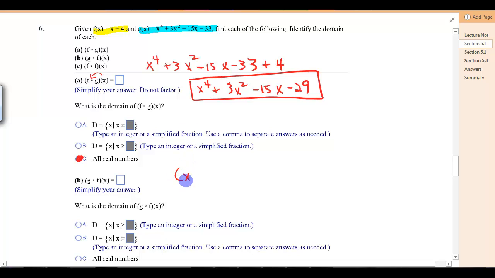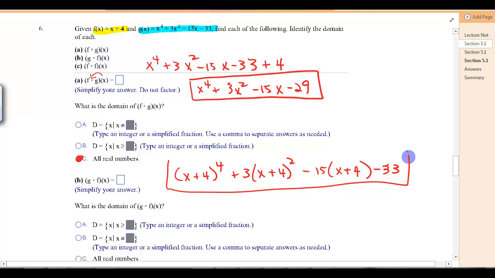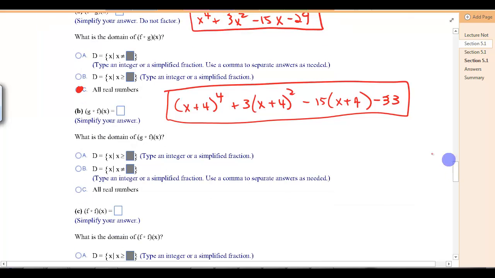So we're going to have x plus 4 to the 4th plus 3 times x plus 4 squared minus 15 times x plus 4 minus 33. And I believe that they will actually just accept that as our answer. And again, the domain is all real numbers.